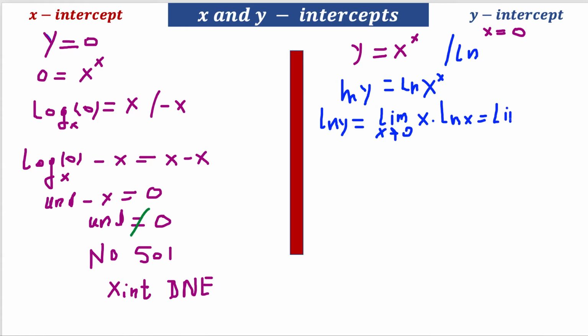If we wanted to reorder a little bit, it is going to be the limit as x goes to 0, and this ln x stays here as a numerator, ln of x, and this x I can write in the form of 1 over x as a denominator.